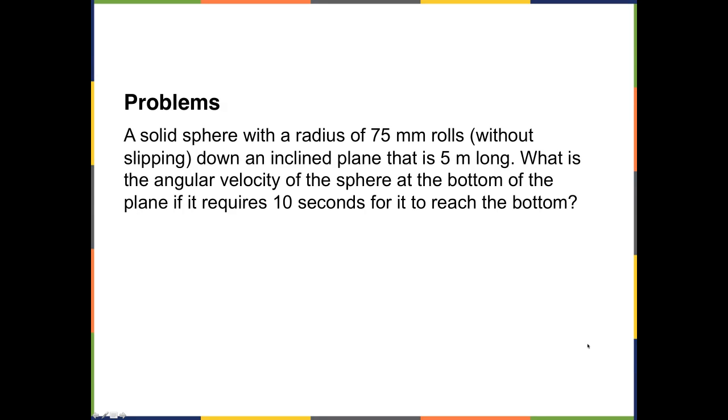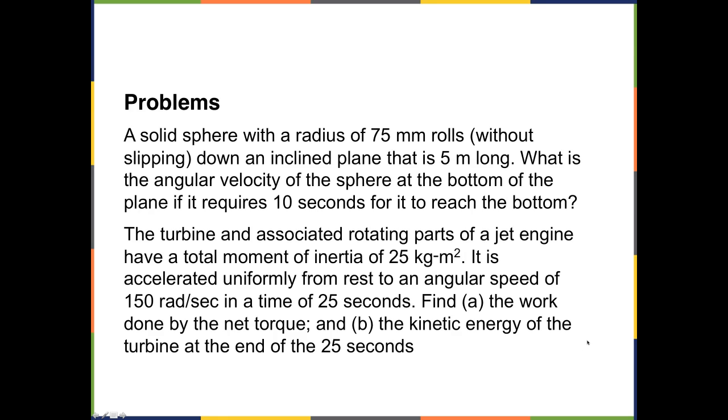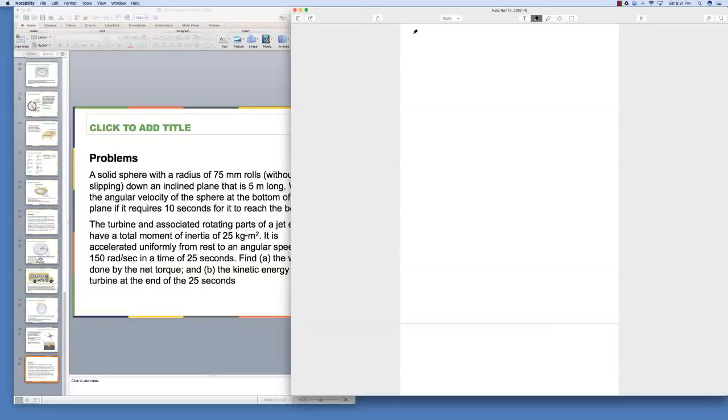The second problem says a turbine associated with rotating parts has a total moment of inertia, and they just give it to you, 25 kilogram meters squared. It is accelerated uniformly from rest to a speed of 150 rads per second in 25 seconds. Find the work done by the net torque and the kinetic energy of the turbine.